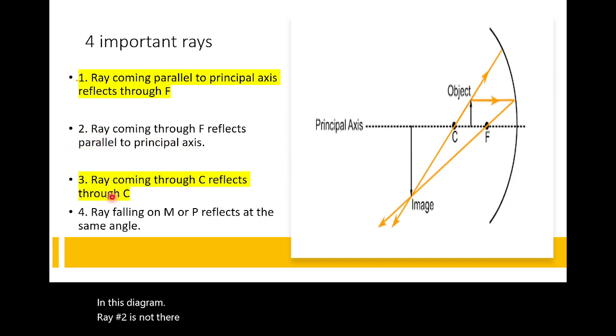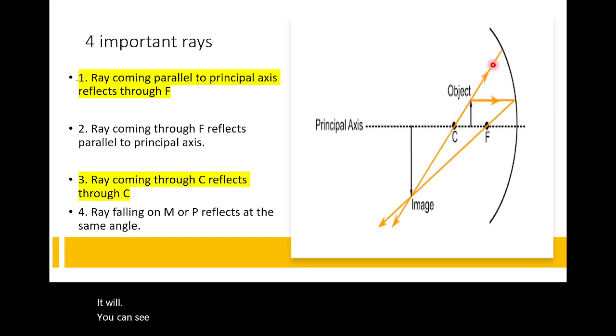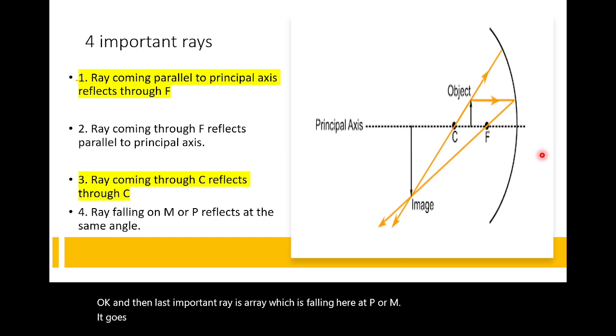Ray number three is the ray coming through C. This ray, coming from the object, is in the line of C. So when it reflects back, it goes back through the C. And then the last important ray is a ray which is falling at P or M. It goes back at the same angle as it falls.